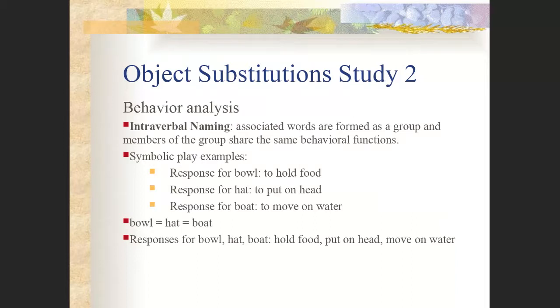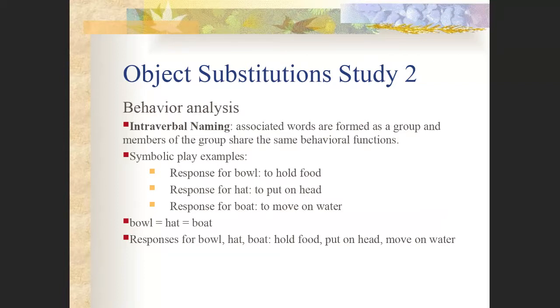When we do that, there is an equivalence relation among these stimuli, and every stimulus in this group eventually acquires the same behavior function. When we use this intraverbal naming process to analyze object substitutions, for example, we have three items: a ball, a hat, and a boat.